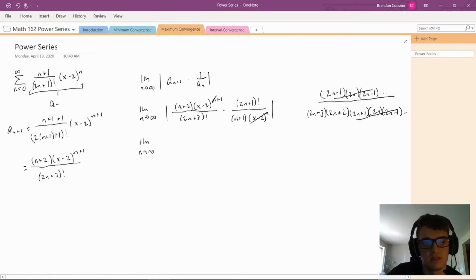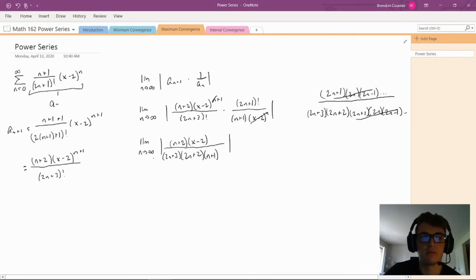Okay, so let's see what this all simplifies down to. This is going to be the limit as n approaches infinity of the absolute value of n plus 2 multiplied by x minus 2, divided by the 2n plus 3, and then the 2n plus 2 left over from the factorial. Then I have an n plus 1 from this piece here. And I think that's it. So now we can pull this x minus 2 out of our limit because it's just a constant with respect to n.